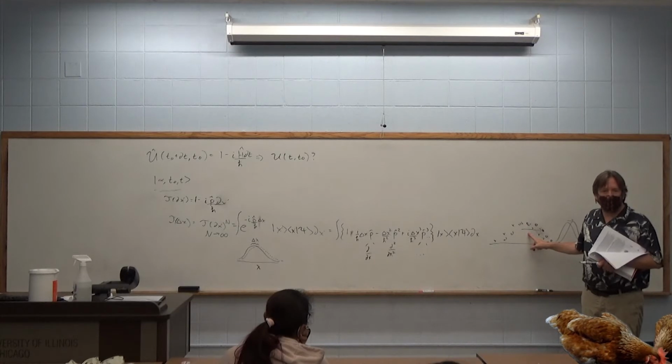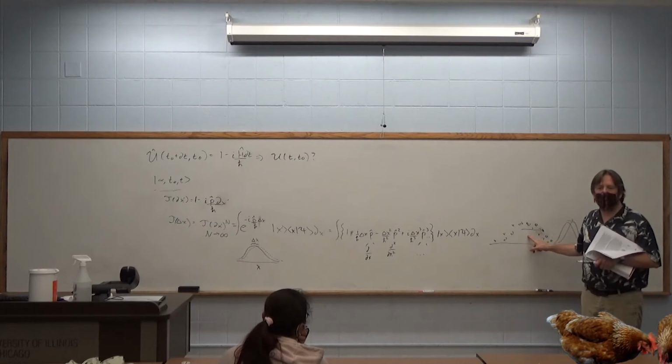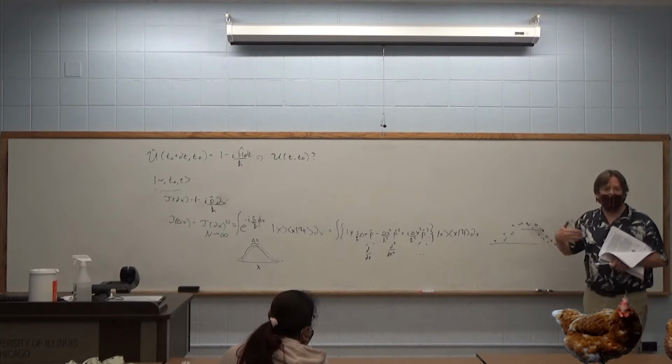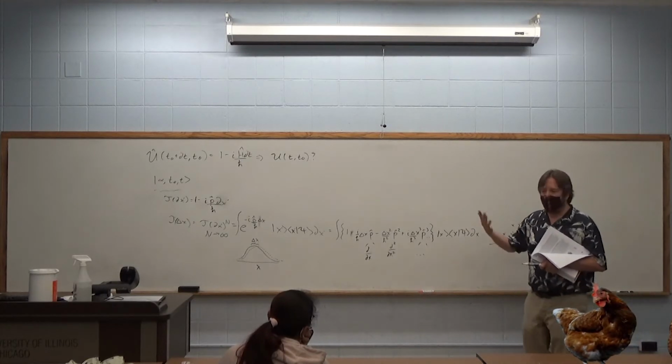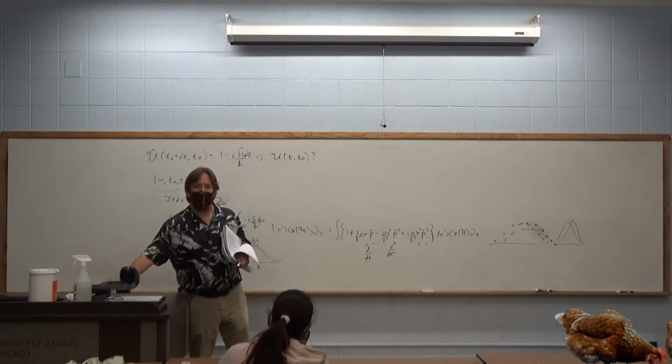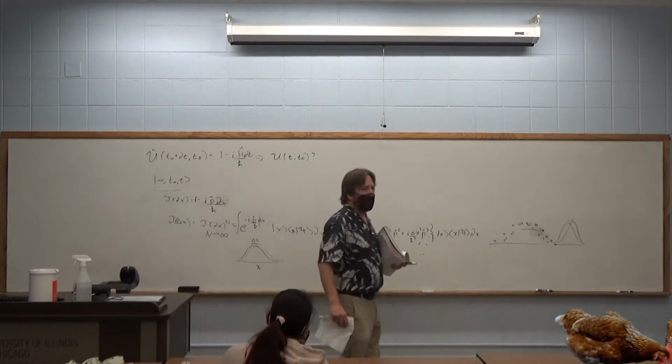A line, how many derivatives can you take before you hit 0? How many derivatives of x are there? Just one, right? What happens when you take the second derivative of a wave function that's just x? 0. And then the third derivative? 0. What about e to the minus x squared? Yeah, it goes on forever.